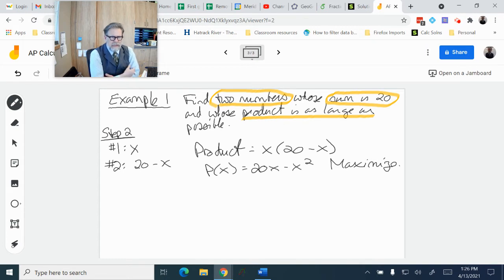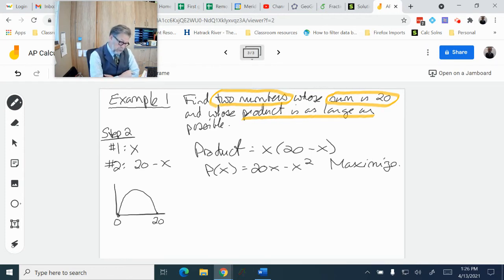Graphing the function, find the domain, determine what values make sense. So I'm going to say, looking at this, we've got a quadratic here, and it makes sense to me that the maximum is going to be between 0 and 20.